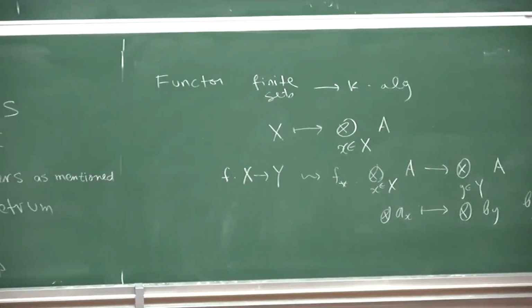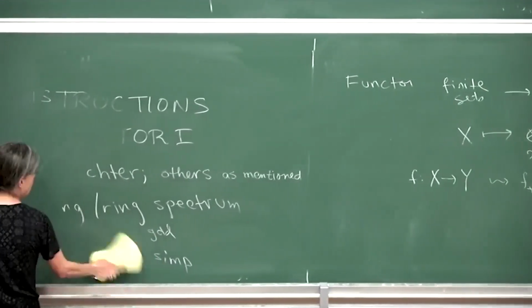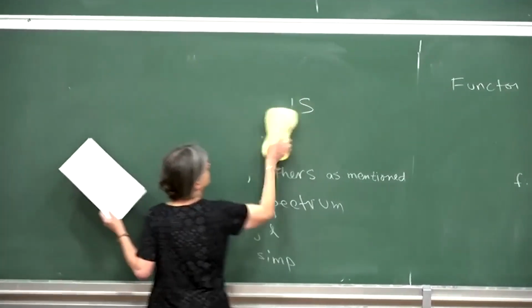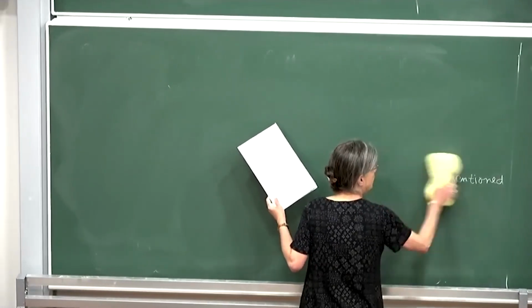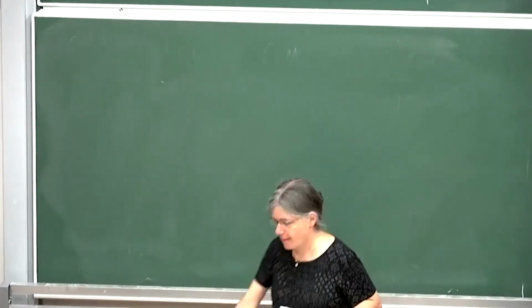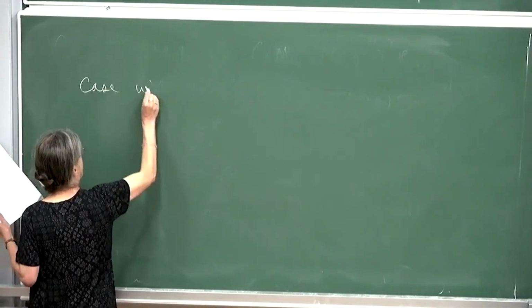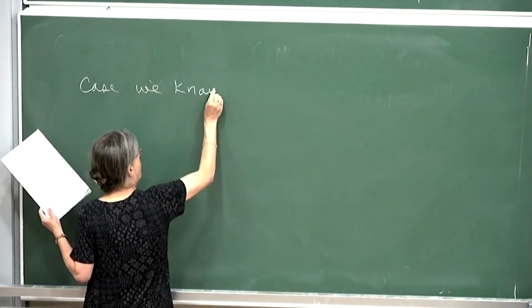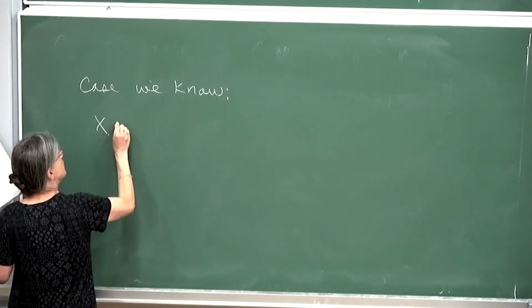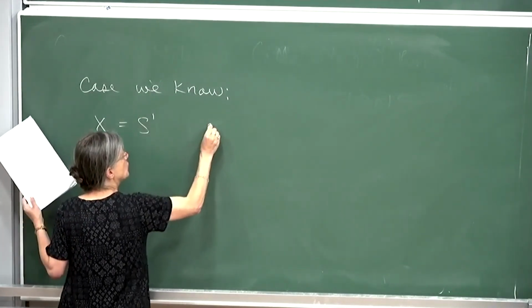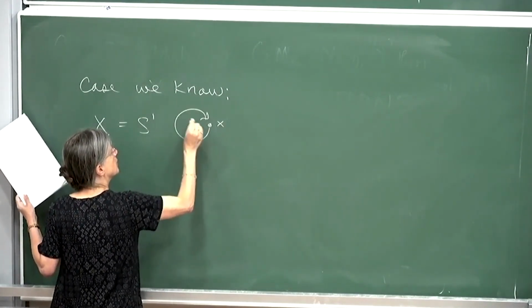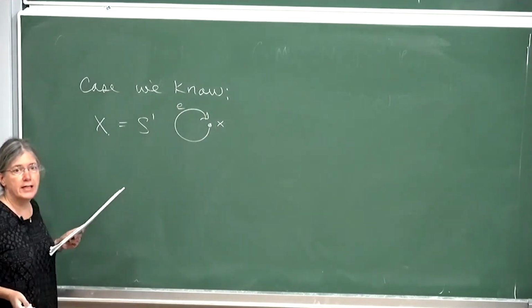And so there's a case that has been mentioned yesterday in at least two talks, the case we know. X is the smallest model of S1, one vertex, one edge.